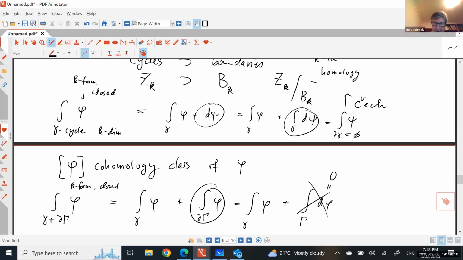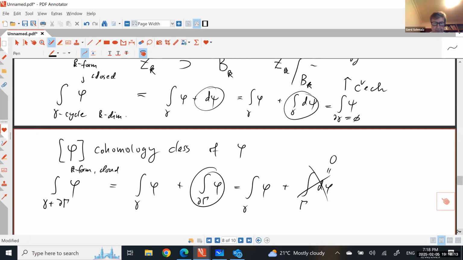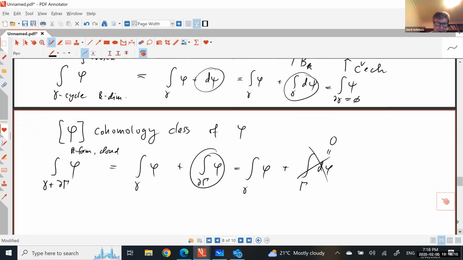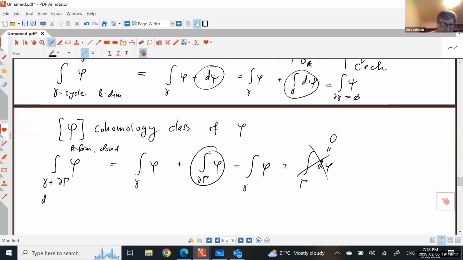So this does not contribute, and this means that our integral depends only on the homology class of the cycle.